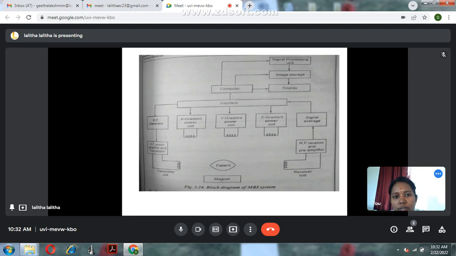The computer consists of the signal processing unit, image storage and display. The signal is processed by the signal processing unit and connected to the image storage, which holds the pictures of organs in our body. It is then connected to the display unit. This is the block diagram of the MRI system.